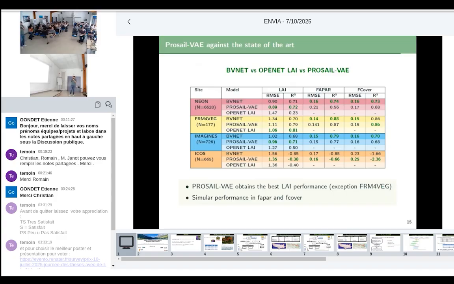For PROSAIL-VAE, we validated our results at different sites like NEON, FRM4VEG, Imagines, and ICOS. Those projects provide ground truth LAI, FAPAR, and FCover. For the LAI, we can see that we have better results with PROSAIL-VAE. For FAPAR, we have similar results, and also with FCover.